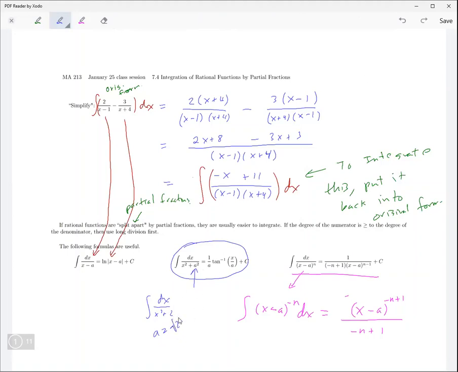A is the square root of 2. I meant to say square root of 2, and I wrote negative 2. A is the square root of 2 because when you square it, you get 2 right here. So the integral is 1 over square root of 2, inverse tangent of x over root 2.